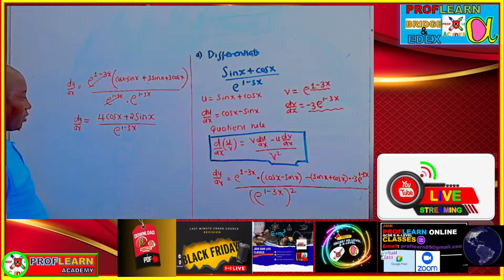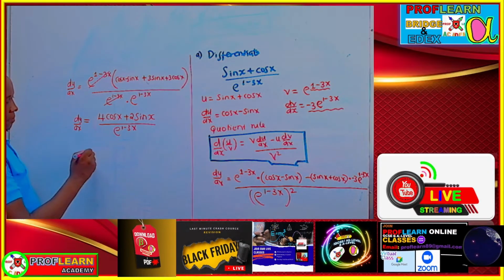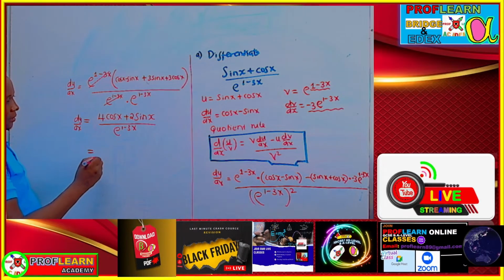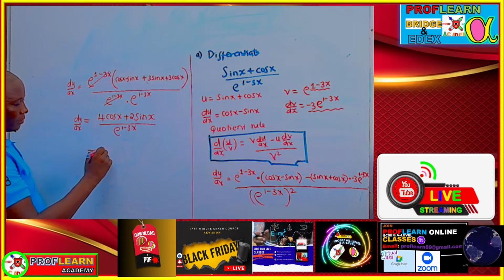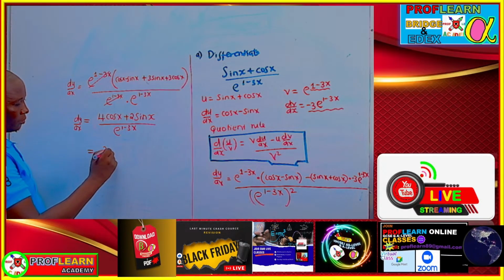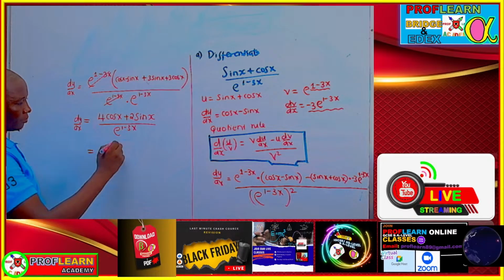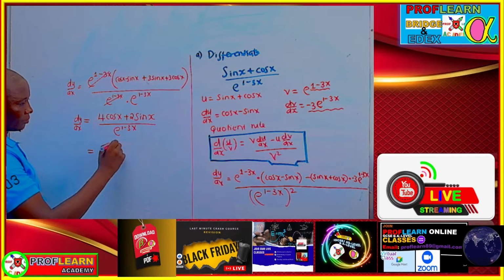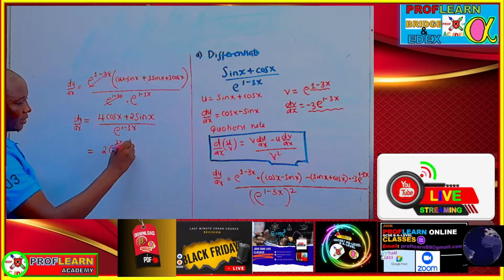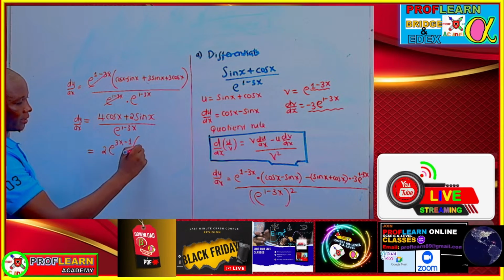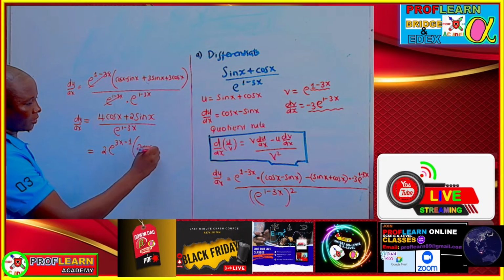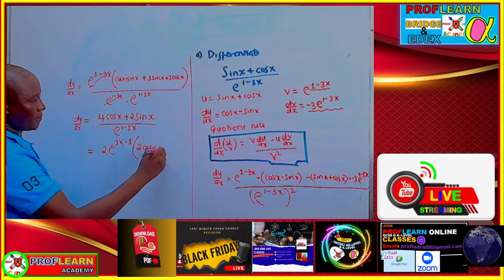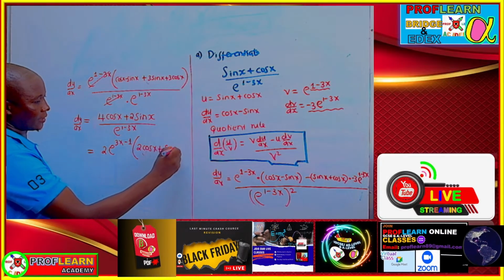And of course, we can say this can be written as 2 e to the 3x minus 1 into bracket 2 cos x plus sin x.